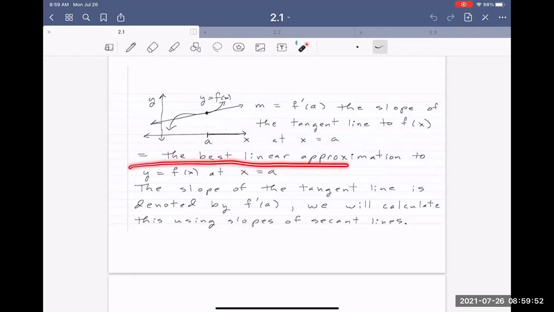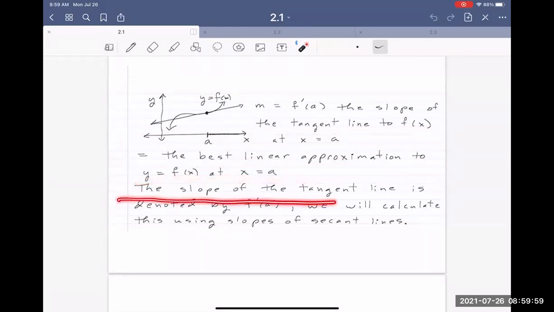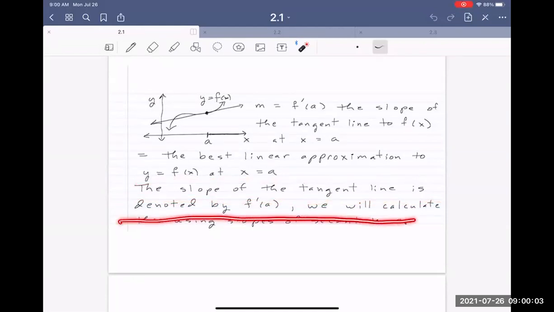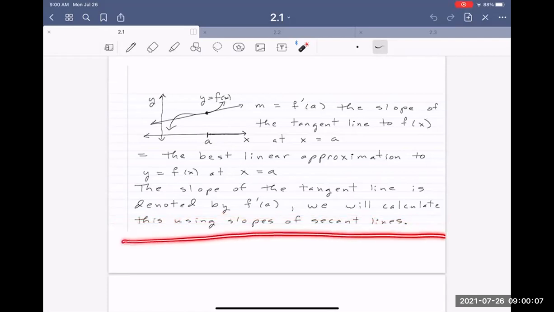It is the best linear approximation to y equals f of x at x equals a. The slope of the tangent line is denoted by f prime at a. We will calculate this slope using slopes of secant lines.